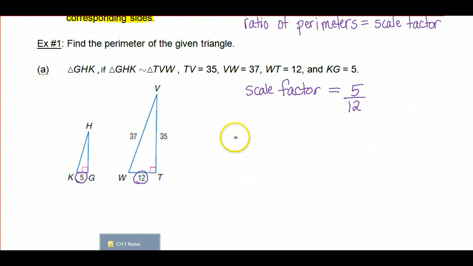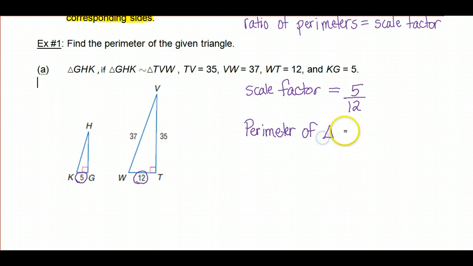Now, we also know the perimeter of triangle WBT. What do you get, Ari? 84. So we get that by adding up all the sides. Any questions so far?